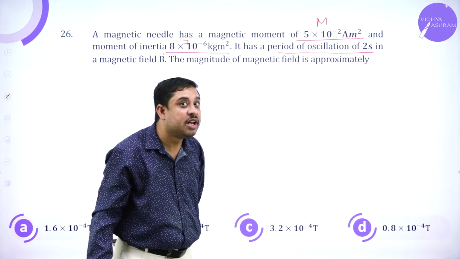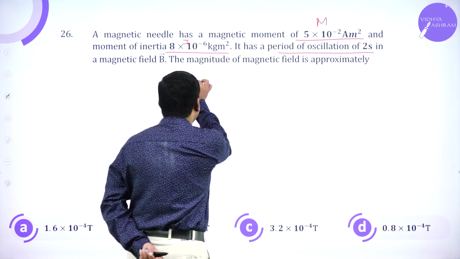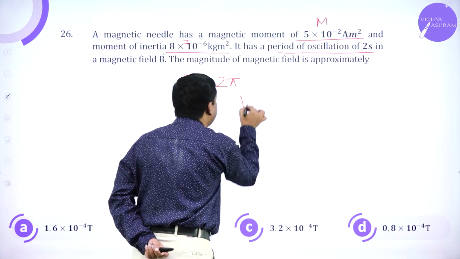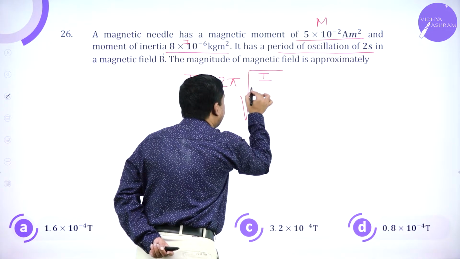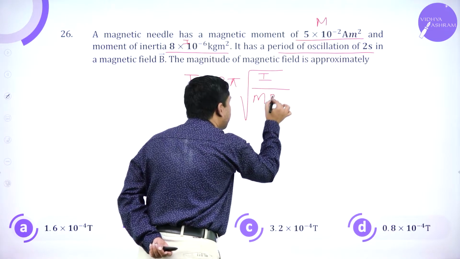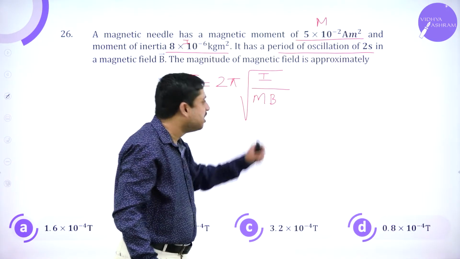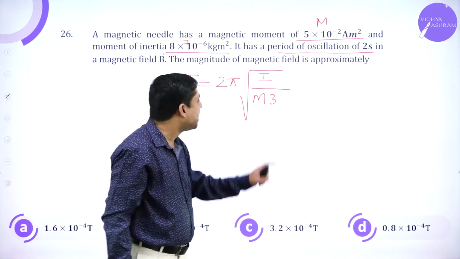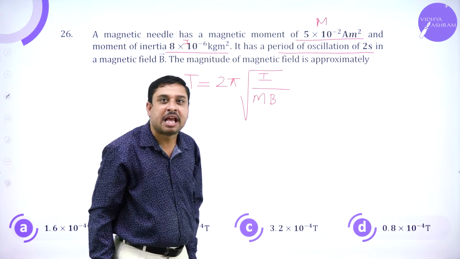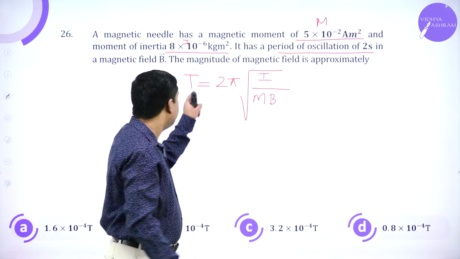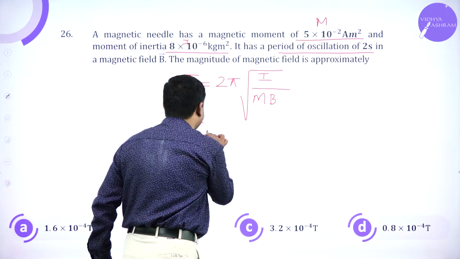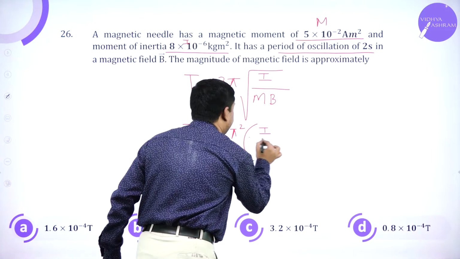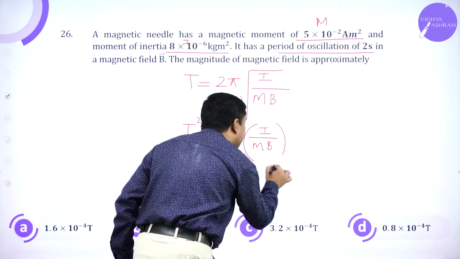Recall the expression for period of oscillations. We told T equals 2 pi root I divided by MB, where I is the moment of inertia of the needle, M is the magnetic moment, and B is the strength of the magnetic field. Now square this. T square is 4 pi square I divided by MB.